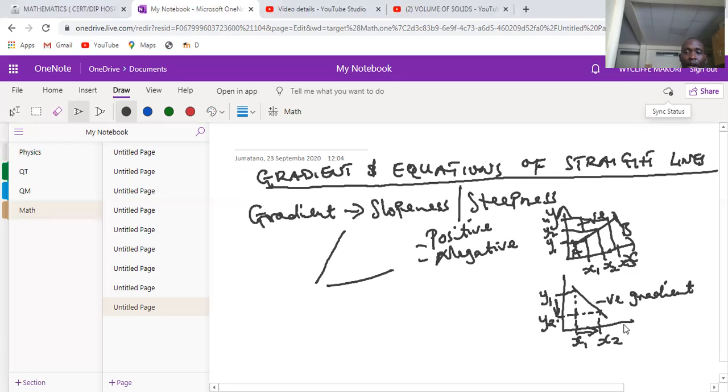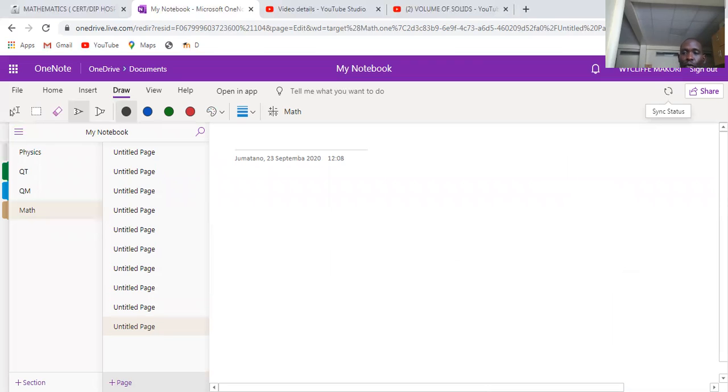Then after having understood that, we need to ask ourselves, how do we calculate gradient? Gradient is calculated as follows. If you are given two points through which the line passes, maybe you are given that the line passes through x1, y1, and it also passes through x2, y2.